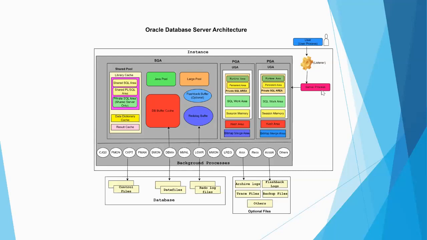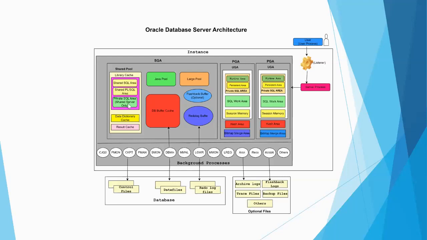If you implement the shared server architecture, this private SQL area will be present inside the shared pool. But in industry we don't see much of the shared server architecture. It is mostly the dedicated server architecture, almost 99%. I haven't come across any client who has implemented the shared server architecture. It is by default dedicated server architecture only.